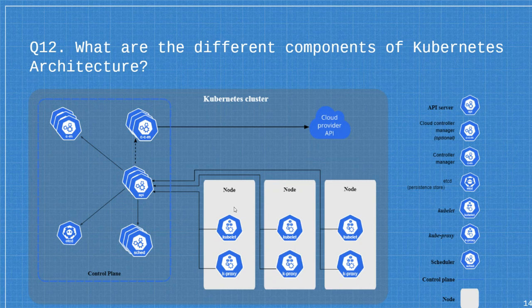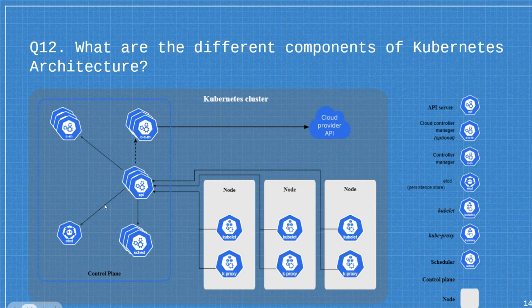Like we have 3 worker nodes, where our pod will get scheduled, these things we will decide by the scheduler. And etcd is not a basic part of Kubernetes, it is also used in other projects. It acts as the database for Kubernetes.